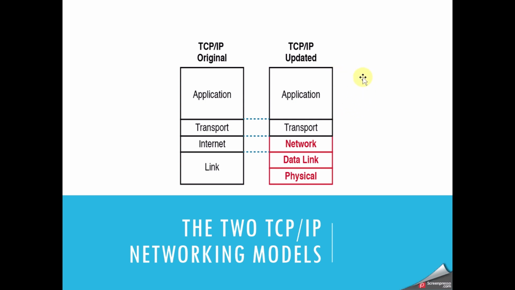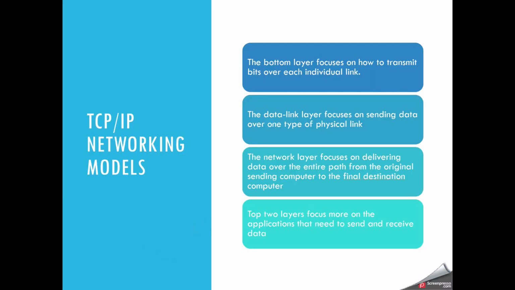So OSI has 7 layers, TCP/IP originally has 4 layers, and the newly updated one has 5 layers. The whole reason we have these 5 layers is for easy understanding, right? So I hope you understand the functionalities of each layer and what they do.